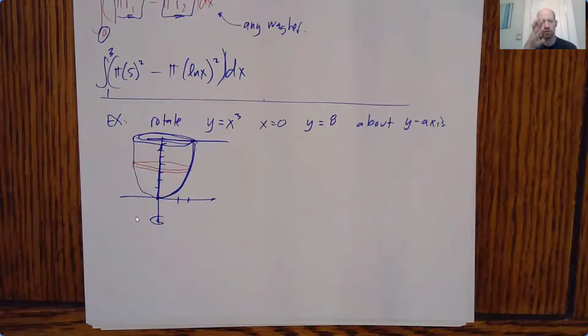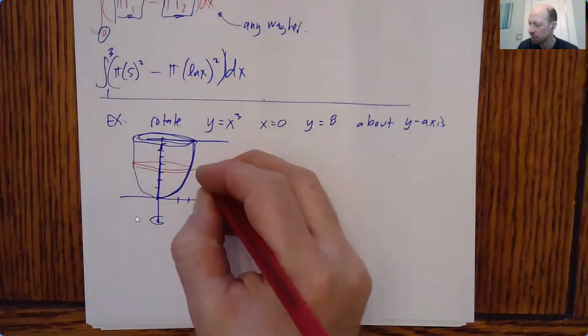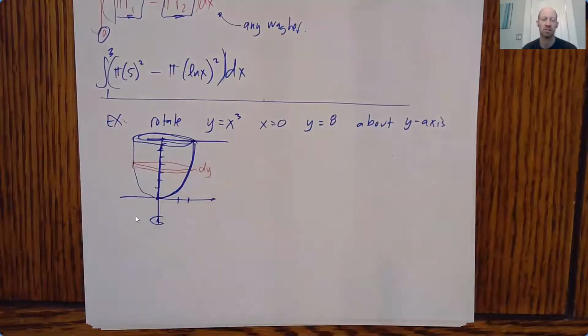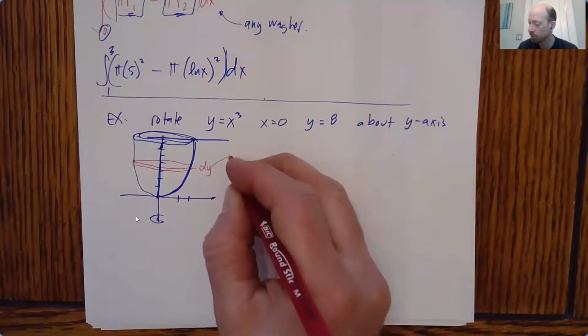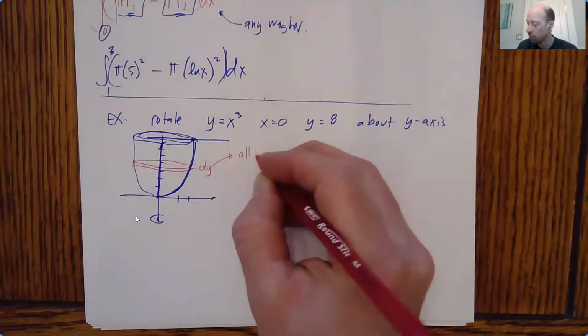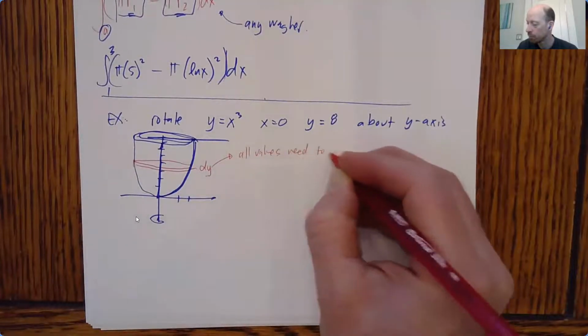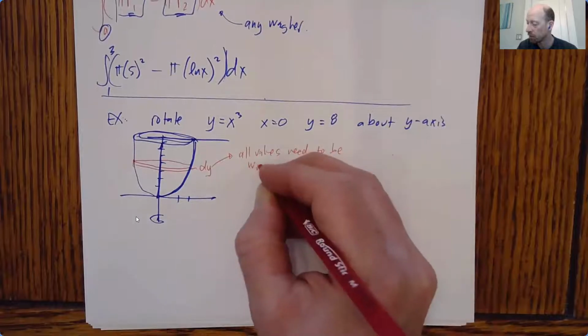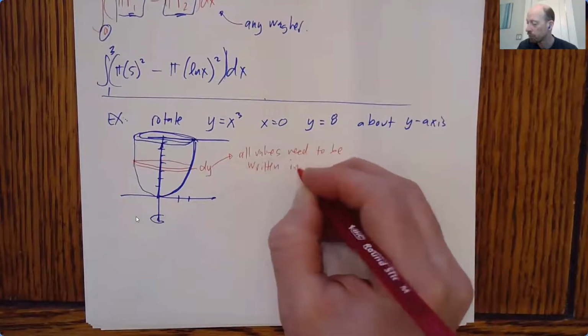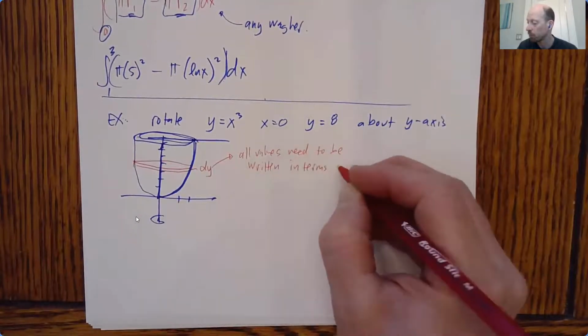The axis of rotation is vertical, so I need to slice it horizontal. And when you slice it horizontal, the thinness or thickness of it is not going to be dx, right? That's going to be dy. And this tells me all values need to be written in terms of y.